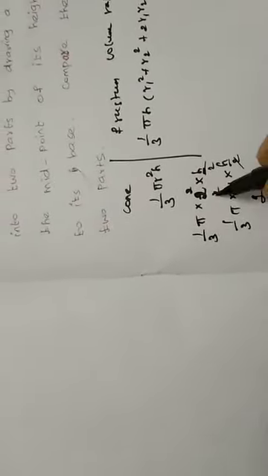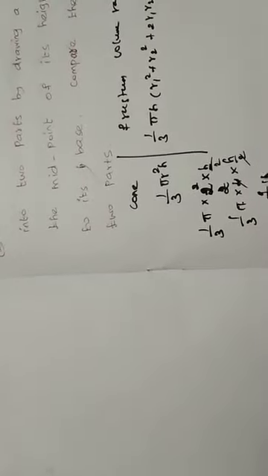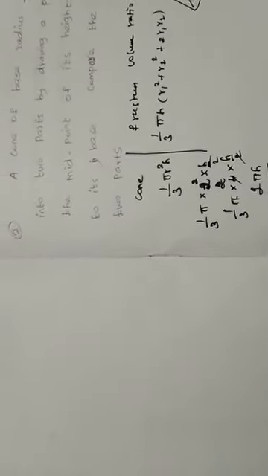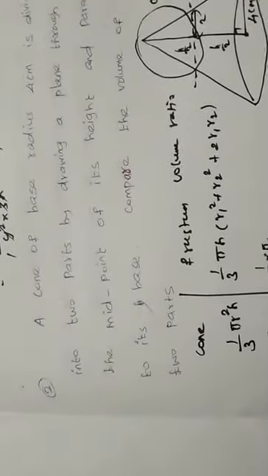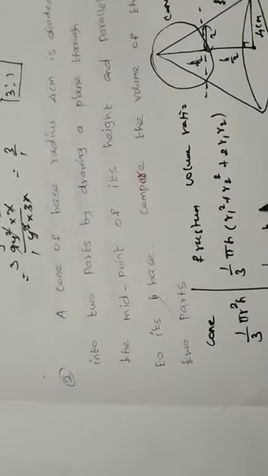2 pi h divided by 3. Similarly, here 1/3 into pi into h, this is the total h, and this one is h by 2. So pi into h by 2 into r1 squared. So r1 squared, we have taken any one, so 2 squared is nothing but 4, and 4 squared is nothing but 16, plus 2 into 4, which is 8.